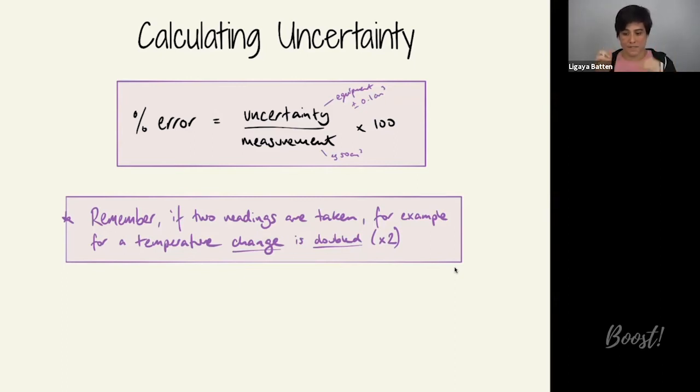So for a temperature change, we would have to do the uncertainty times 2 divided by the temperature change that you calculated, so the end minus the start.